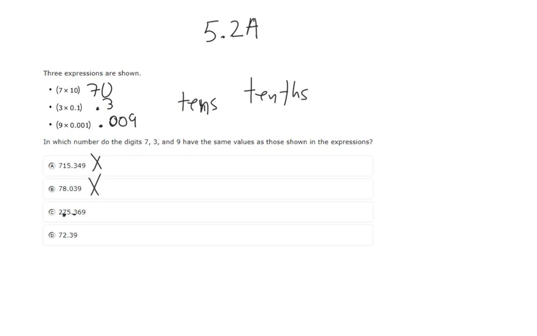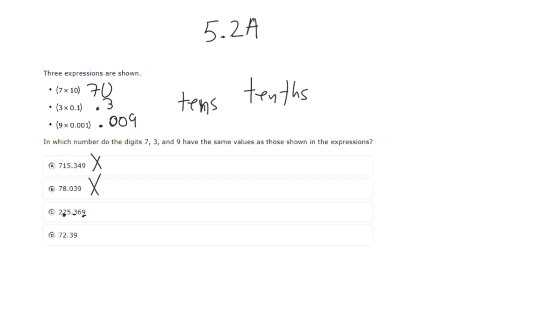Okay, so this does have a 3 in the tenths, which is right here. Now we have a 9 in the thousandths. Yep, it also has a 9 in the thousandths. But we have to look at the very last answer just to make sure. 7 in the tens, yes, that's a 70. Yes. And then there is a 3 in the tenths.